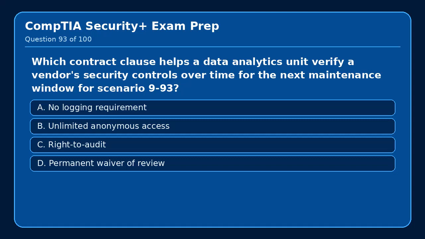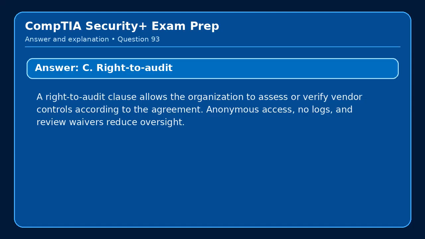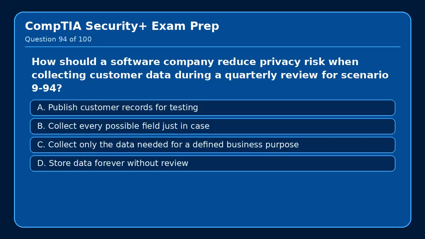D. Users store passwords in email drafts. Take a moment to choose your answer. The answer is B. Employees recognize suspicious messages and report them through the approved channel. Awareness training should improve recognition and reporting of social engineering attempts. Approving prompts, storing passwords in drafts, and disabling reporting undermine security culture.